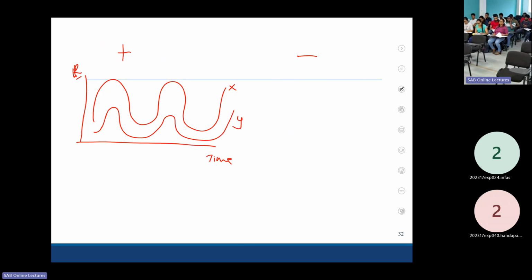If you take a particular time period, say from here to here, both stock returns are decreasing. Both are coming down. If you take the point from here to here, both are increasing. Both stock returns are going up.